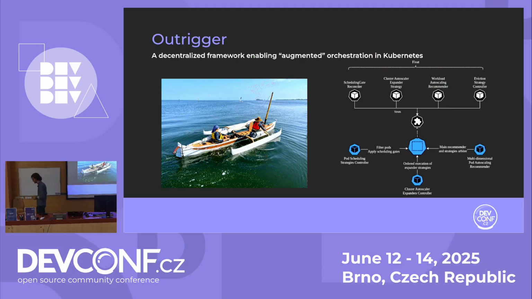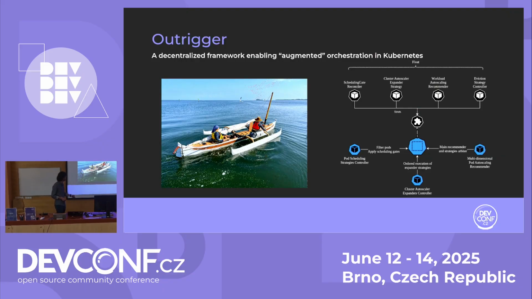We take the name, again, from the nautical metaphor. We consider a big boat that is Kubernetes and some supports, which are the Outriggers that do support the orchestration. And they do support it in scheduling, but they also have to support it in terms of cluster autoscaling, to let that eventually consistent sort of environment that we can reach when these components work in parallel and independently.